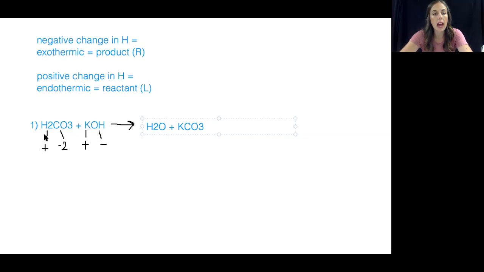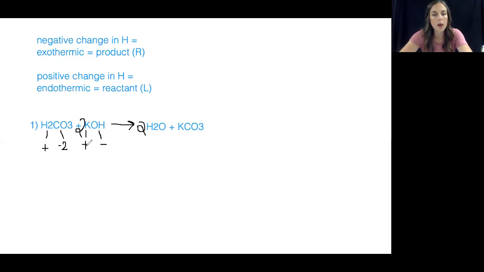So I had 2 hydrogens. I told you I'm going to need 2 hydroxides, right, to accept those 2 hydrogens. So I'm going to put a 2 right here. Okay, and that's going to produce 2 waters. All right, and then I have potassium and carbonate.